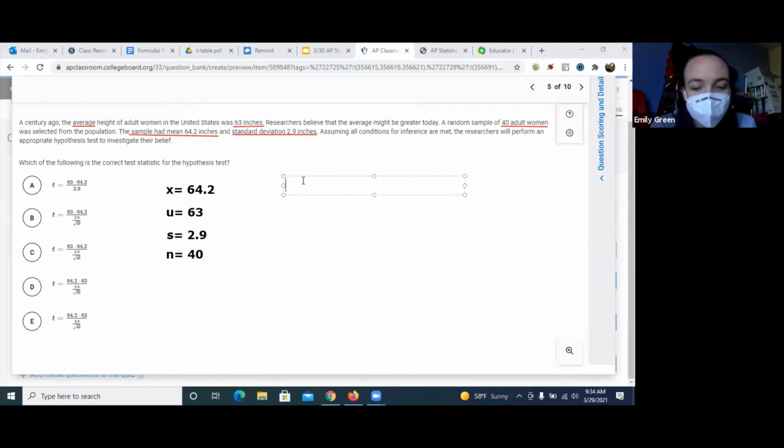And remember, it's going to be sample mean minus the population mean on the top, all divided by, and then we'll have another fraction, which is the standard deviation S, all over the square root of n.